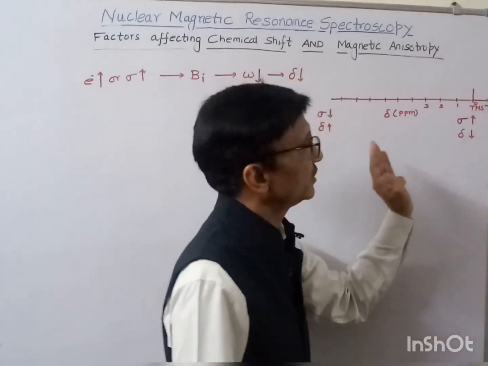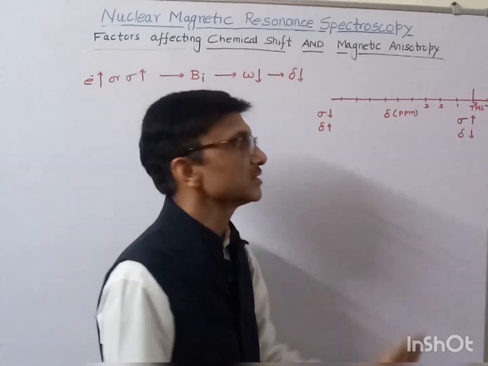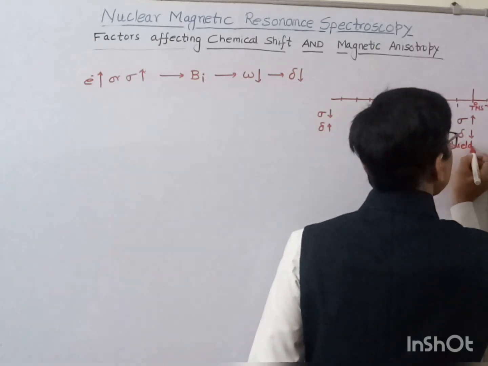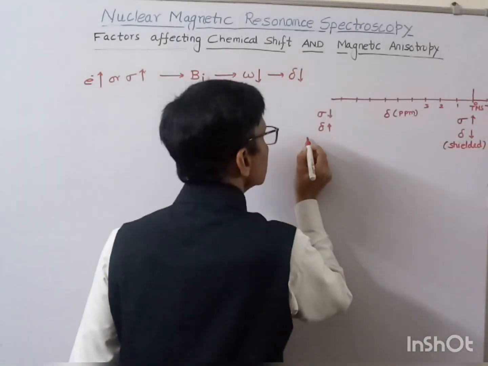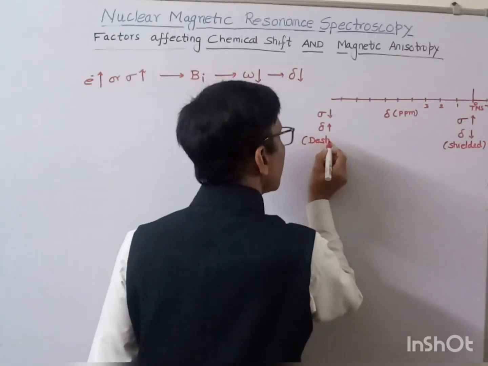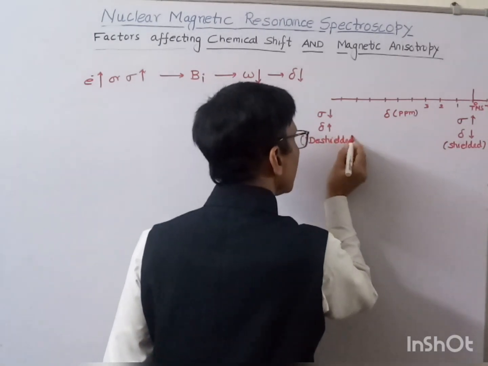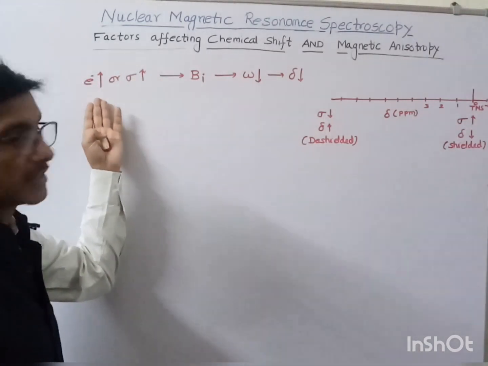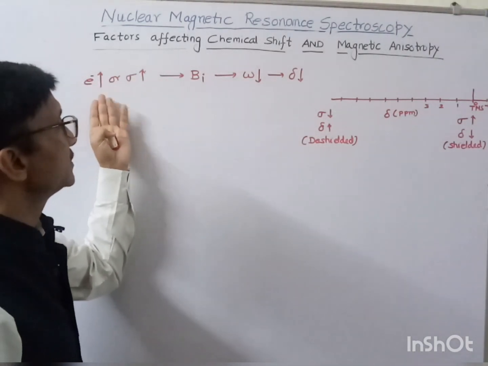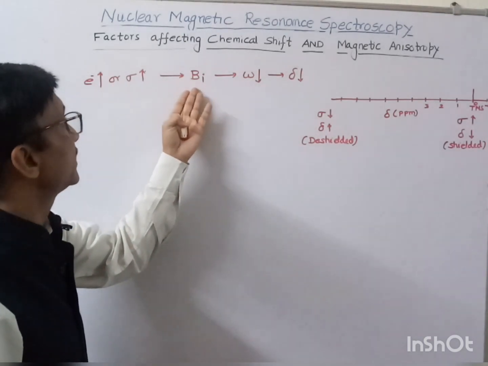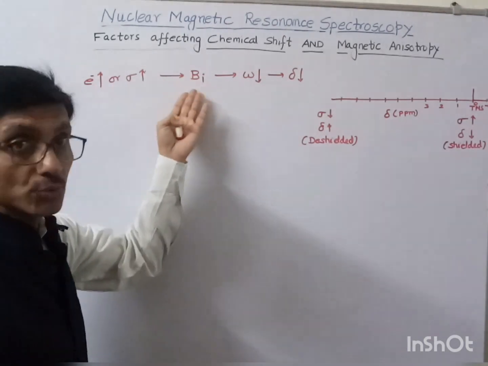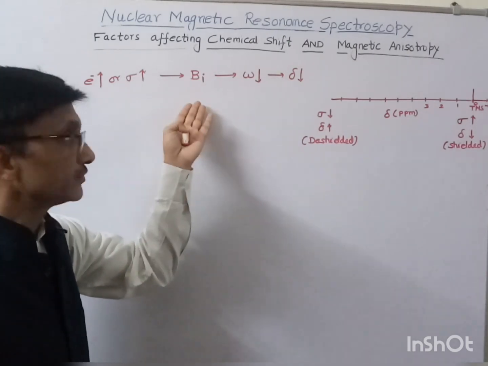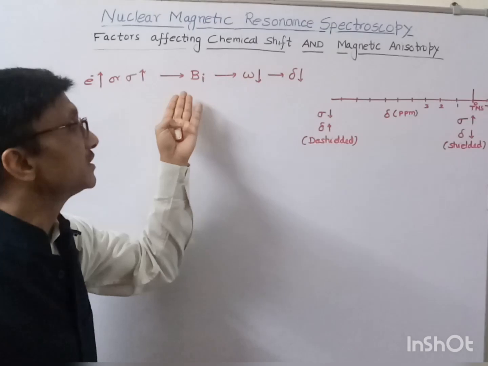So this right corner region is called the shielded region, and this other region is called the deshielded region. Why is it called shielded? Because if electron density increases, then the induced magnetic field, which is also called the secondary magnetic field, increases.